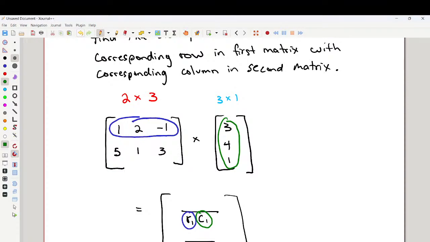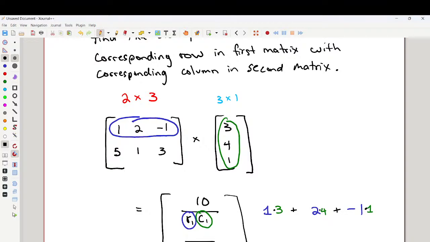So 1 times 3, 2 times 4, -1 times 1, and add it all up. 1, 2, -1 with 3, 4, 1. Multiply those, add. Multiply those, add. Multiply those, add. So 3 plus 8 plus -1 is 10.